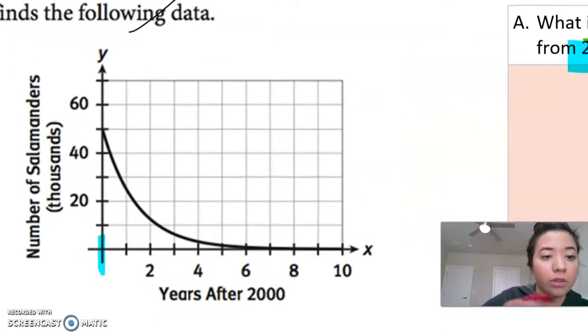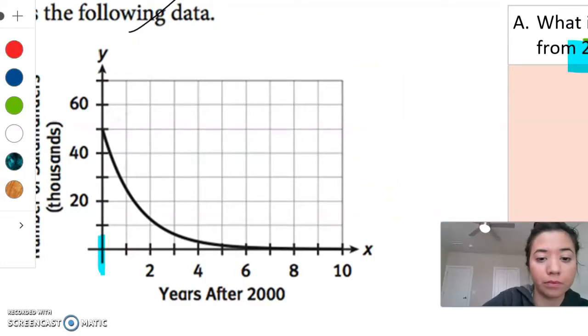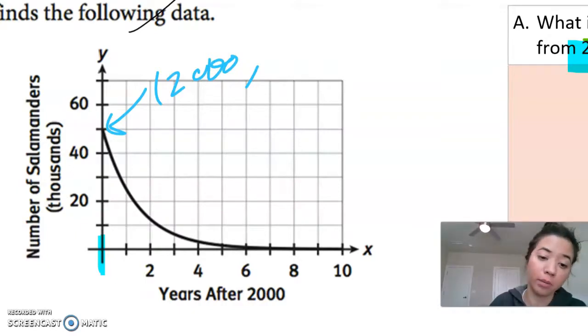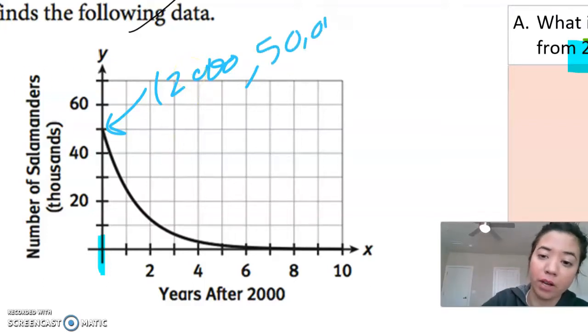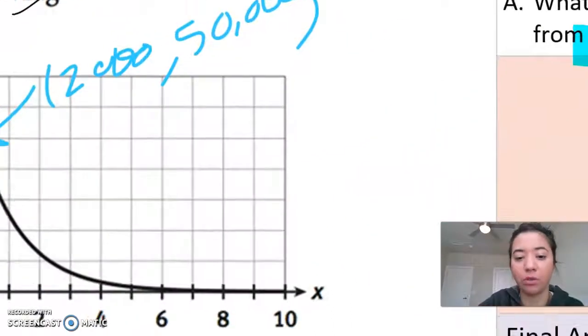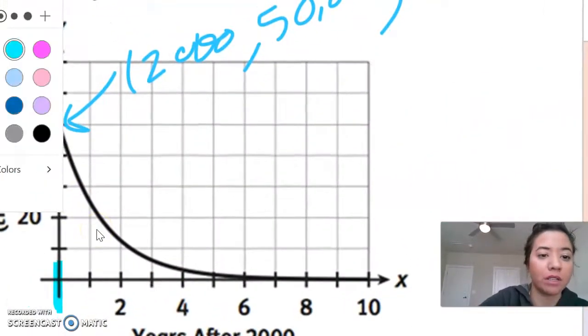So at 2000, my number of salamanders in thousands was 50. And again, this is in thousands, so I'm going to actually just write 50,000 here. It's a little easier than millions. Okay, so there was our point for 2000, and then we have 2003 next.